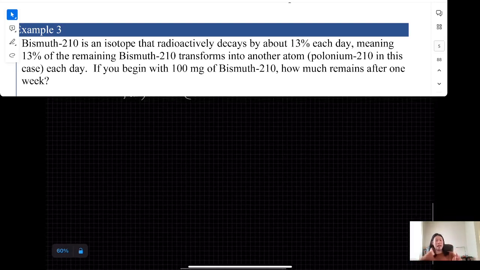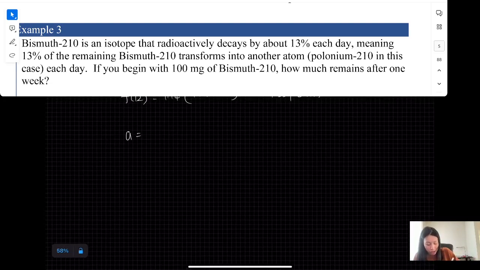Okay, so now let's set up the equation first. We know that the initial value is a = 100 milligrams, and the decay rate is 13%. So that means r = -0.13. We need to remember that: if it's decay, it has to be negative, and we also need to convert it to a decimal.